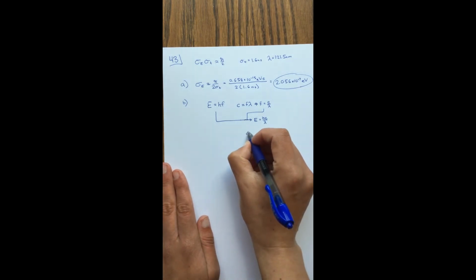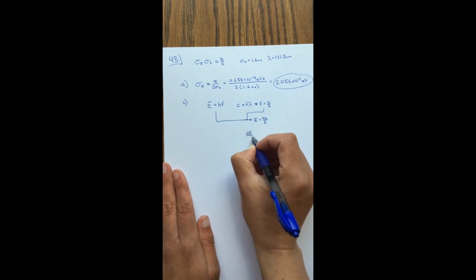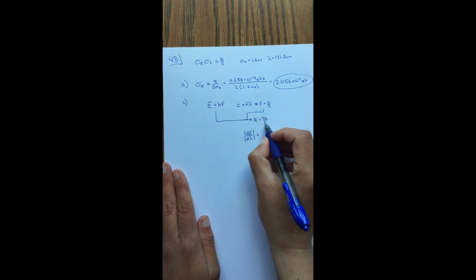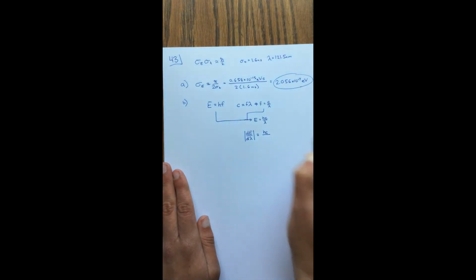So I want the derivative of E with respect to the wavelength, and actually all I need is the absolute value of that. So if I take the derivative of this with respect to the wavelength, h and c are constants.